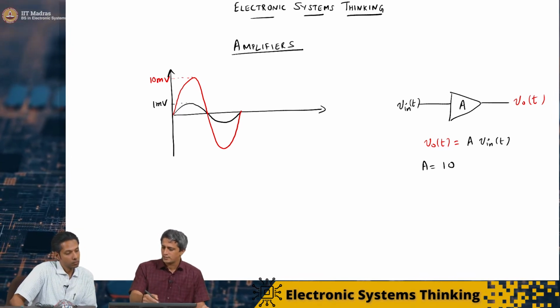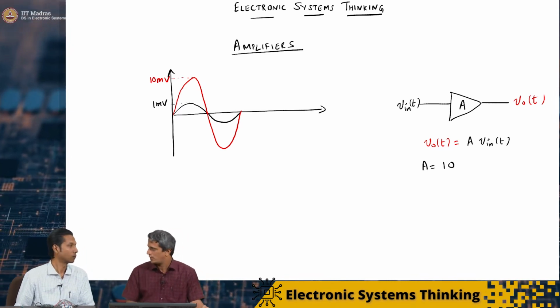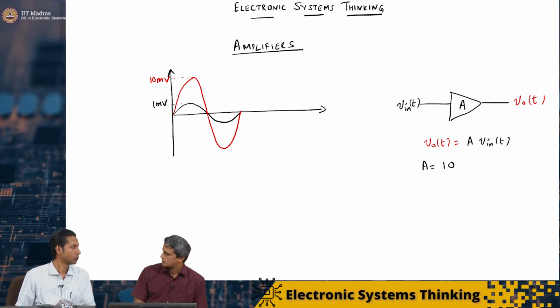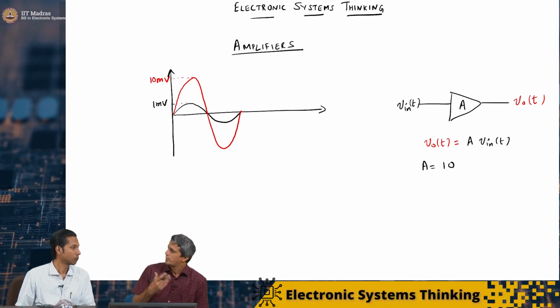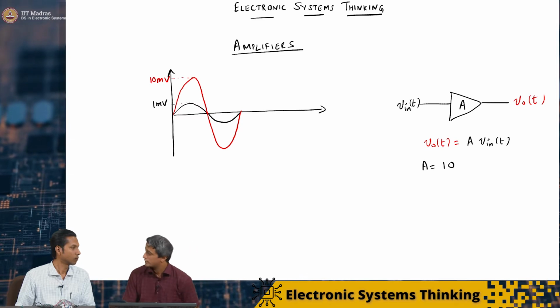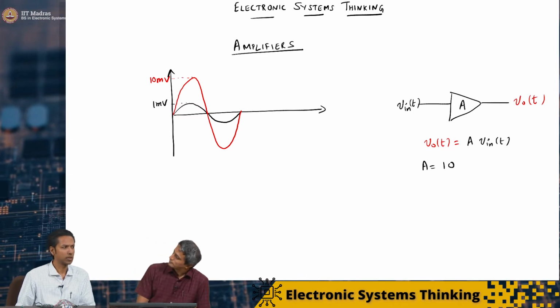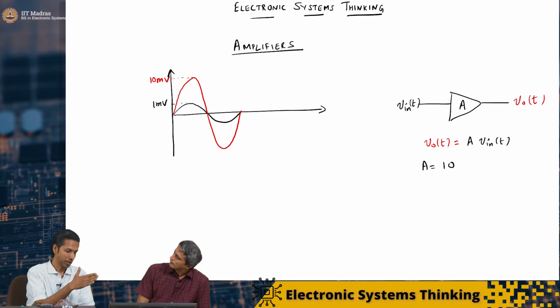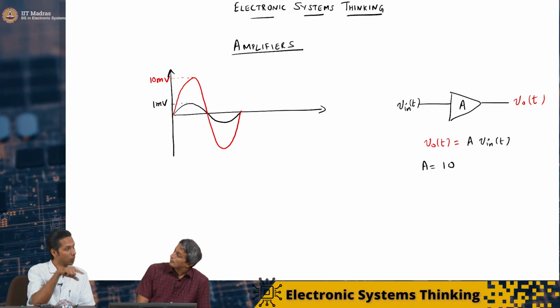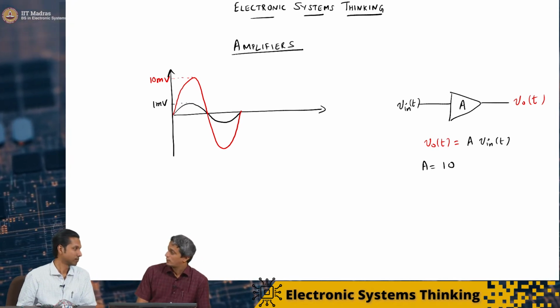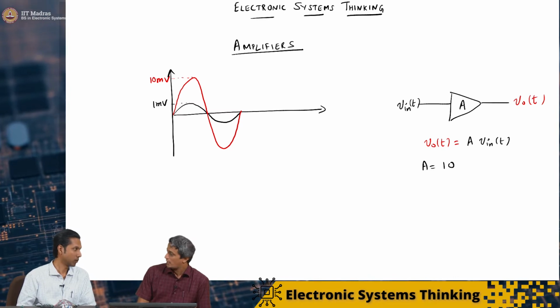First of all, this is an in-phase output. Have you come across a scenario where you need something which is not in phase? Sometimes I may need something at 90 degrees or 180 degrees.